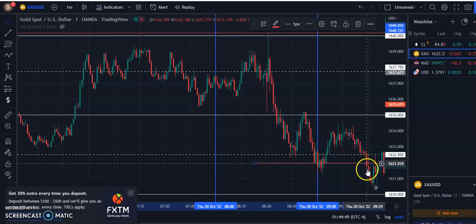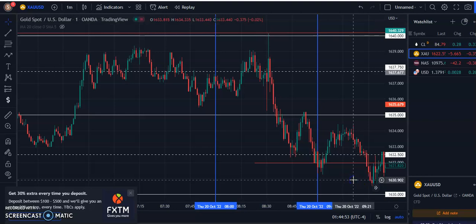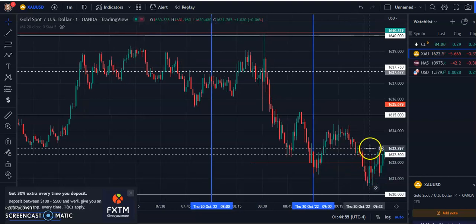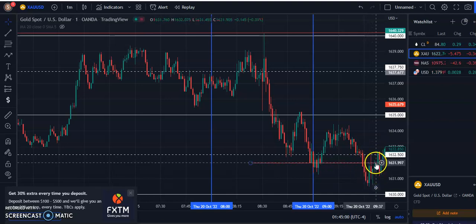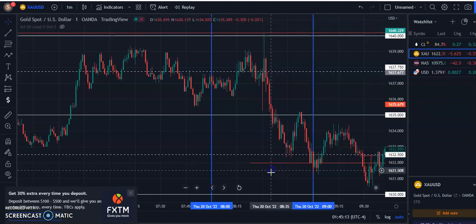9:30 comes and breaks down at the low of the session and gives us a W pattern. A W pattern with a break of structure. Now, you must be very, very keen when you're observing these candles. We have that break of structure there, as you can see.